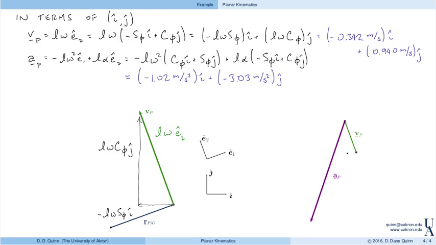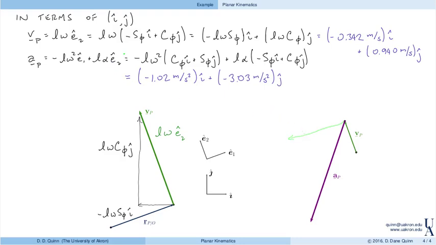So now, looking at the acceleration, again, the acceleration is the change in velocity. So the velocity vector, and again here it's a little smaller just so I can fit the larger acceleration onto the page. These two vectors are actually exactly the same thing. So this vector is the change in the velocity. So looking at the acceleration, this purple vector has a component in the minus E1 direction. So that would actually be this component.